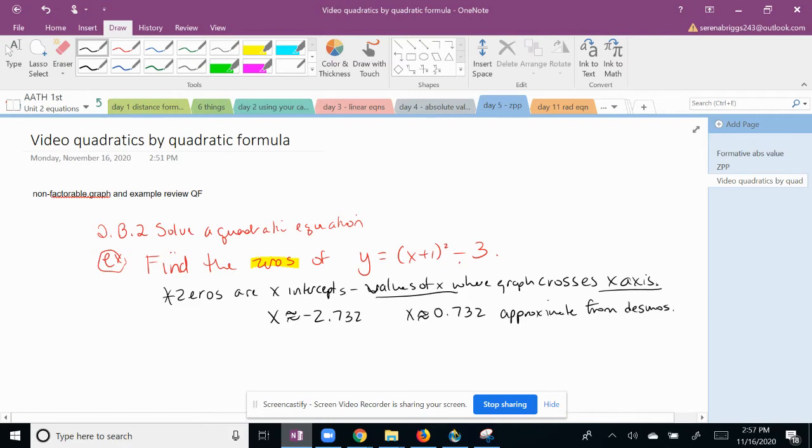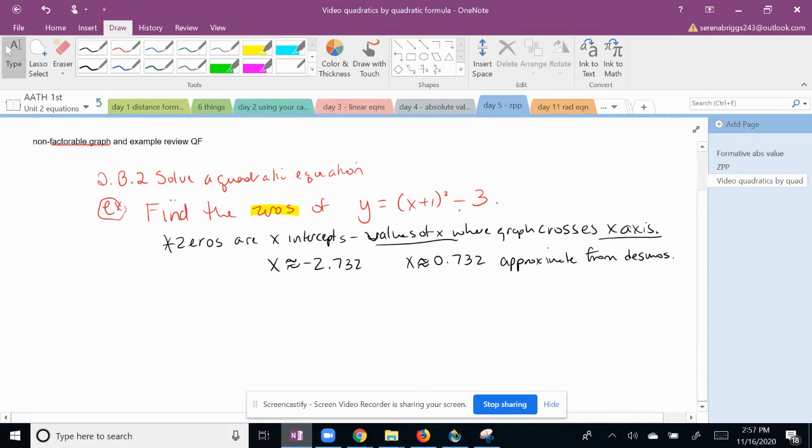If I want the exact values where they cross, I have to use algebra. That means I'm looking for the points where the graph crosses the x-axis, the values of x where y equals 0.